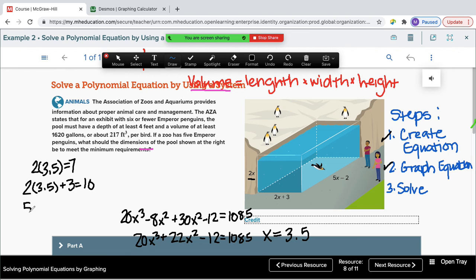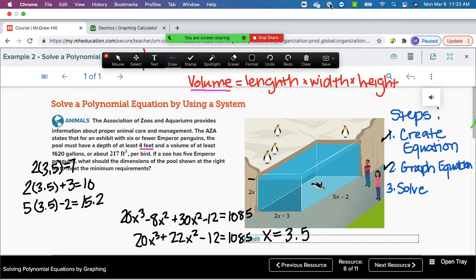Next, I have 5 times 3.5 minus 2. So I have 17.5 from here minus 2. I'm going to have 15.5 should be my other dimension. So that is the solving part, is going back and plugging in what you found for x. Questions?